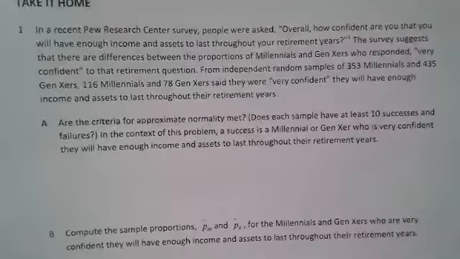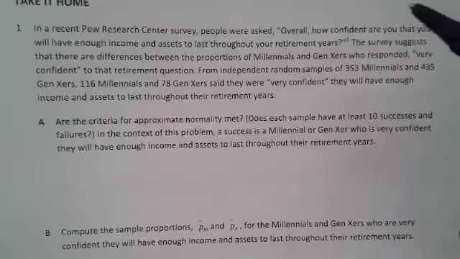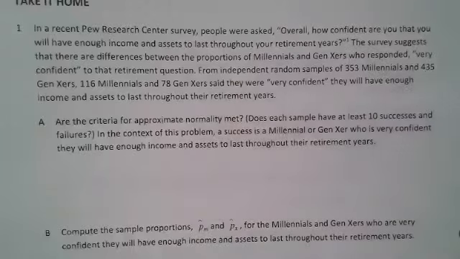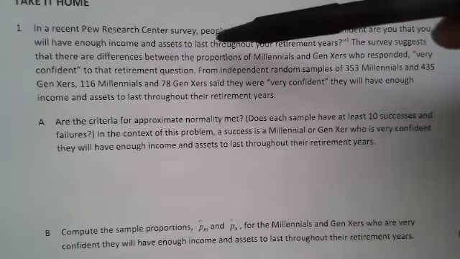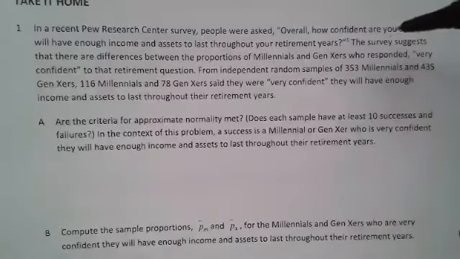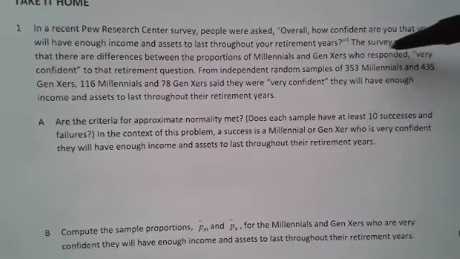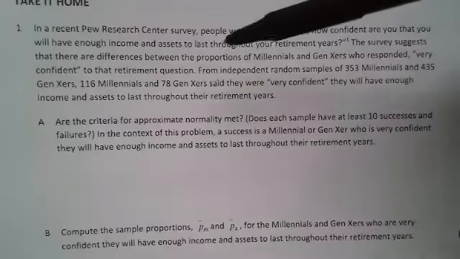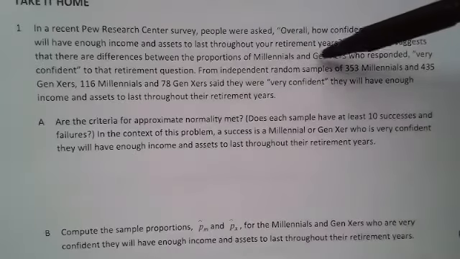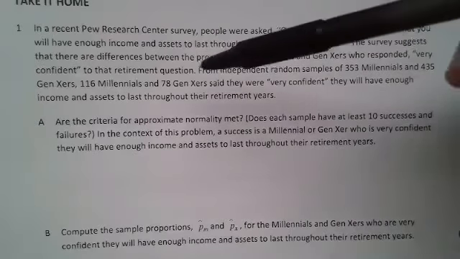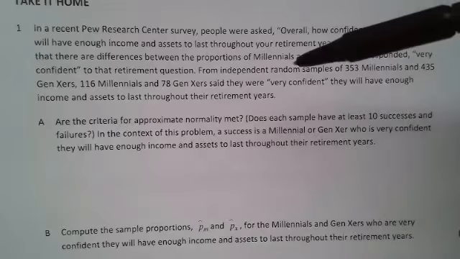All right. So it says here on a research survey, people were asked, overall, how confident are you that you will have enough income and assets to last through your retirement years? And the survey suggests that there are differences between the proportions of millennials and Gen Xers who responded very confident to that retirement question.